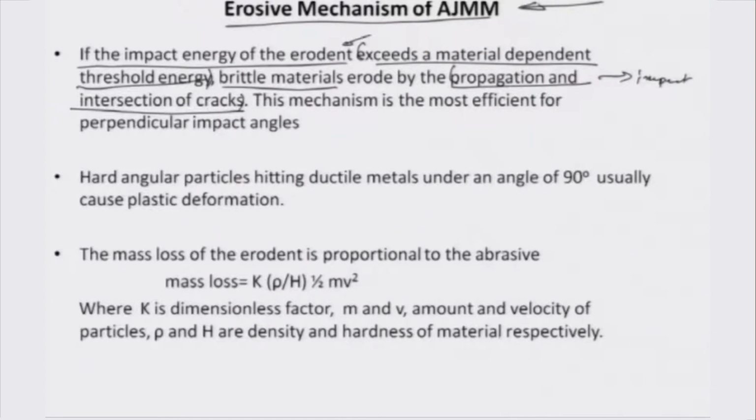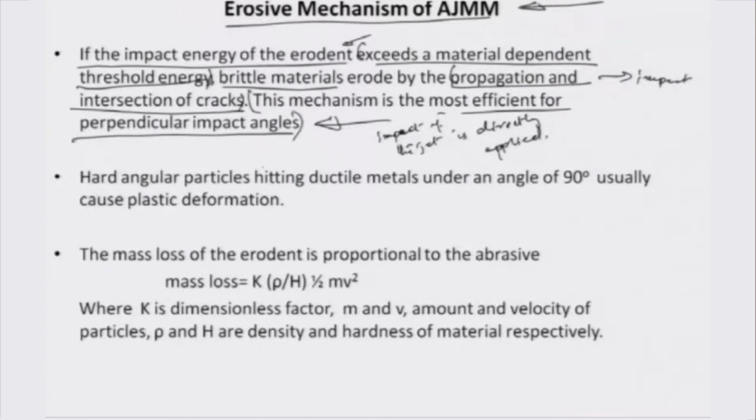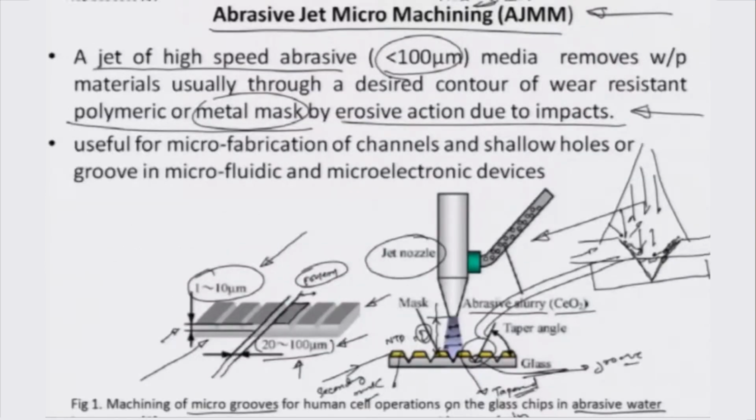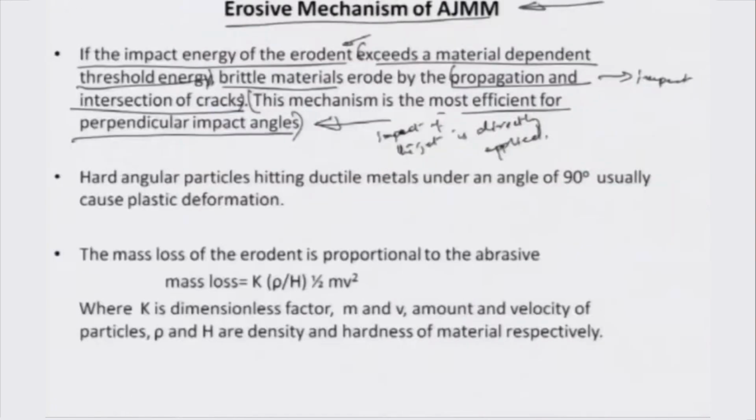So this mechanism is most efficient for perpendicular impact angles, because in that event the impact of the jet is directly applied. Otherwise there would be a component of the force if there is an angle, and therefore perpendicular angles, as you saw in the last case, is typically the position at which this jet is kept with respect to the mask and the surface.